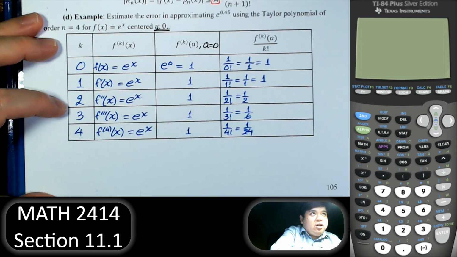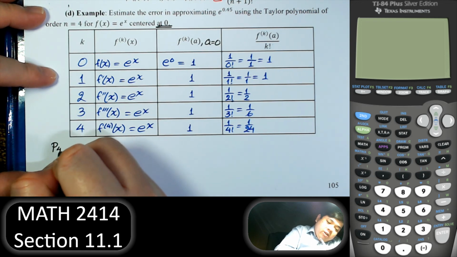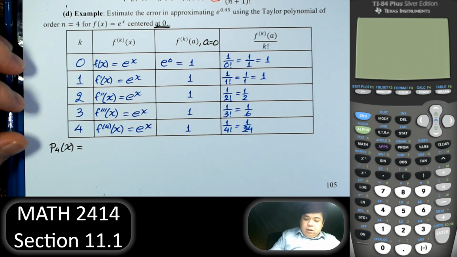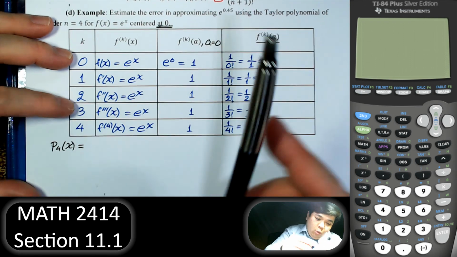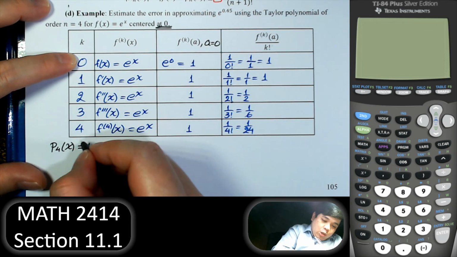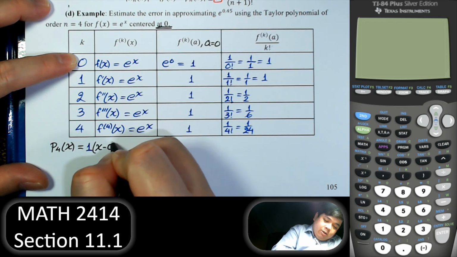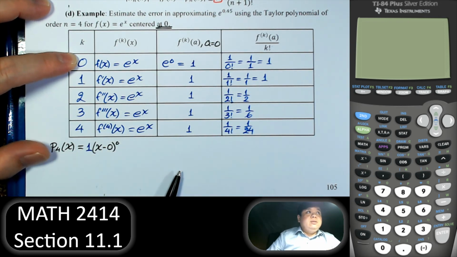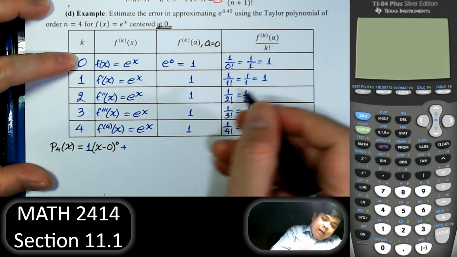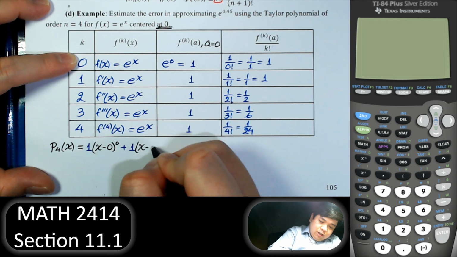So those are the coefficients to put in the Taylor polynomial of order 4. First the coefficient 1 corresponding to k equal to 0, so we have x minus the center 0 to the 0 power. Next coefficient is also 1, x minus 0 to the first.